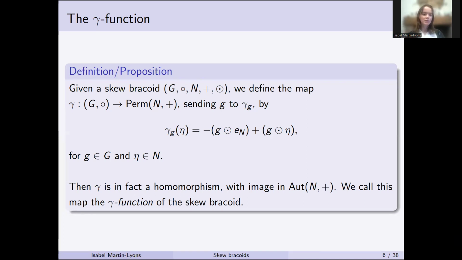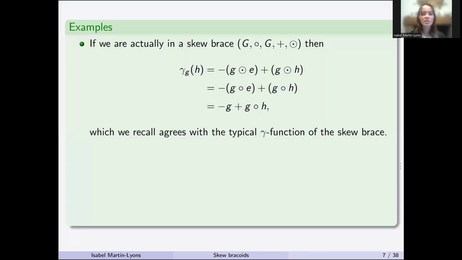It turns out that this gamma is in fact a homomorphism, and it has image in the automorphisms of (N, +). We call this the gamma function of the skew bracoid. If we're actually in a skew brace, then it doesn't take long to see that γ_g with this definition in the skew bracoid formulation boils down to the one intrinsic to the skew brace, the standard gamma function of the skew brace.